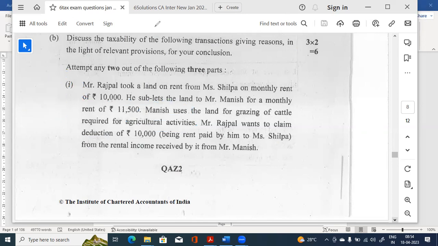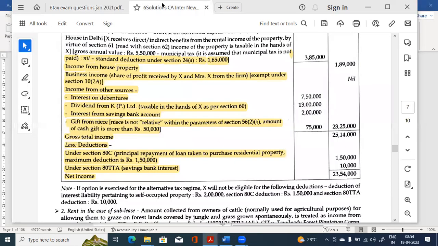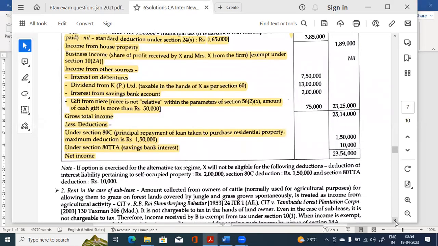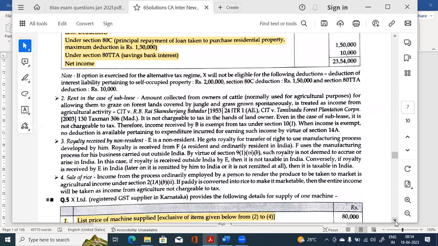This is what they are asking you to specifically answer. Rent in case of sublease. In case of sublease, amount collected from the owner of cattle, normally used for agricultural purpose, allowing them to graze in forest land covered by jungle and grass spontaneously, is treated as income from agricultural activity. CIT versus a case law, 1953: it is not chargeable to tax in the hands of the landowner, even in the case of sublease.